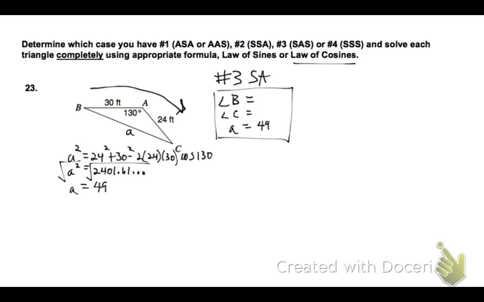Now let's continue to use the law of cosines, and let's look for angle B. So the side across from angle B is the length of 24.